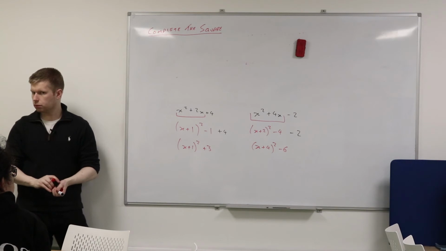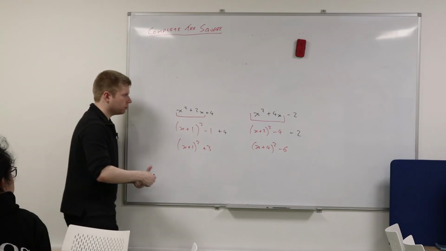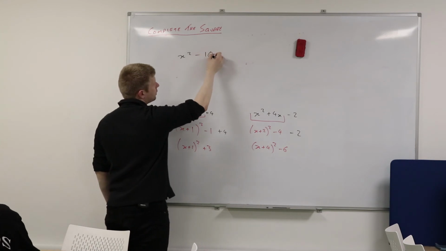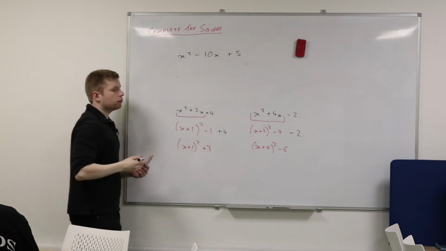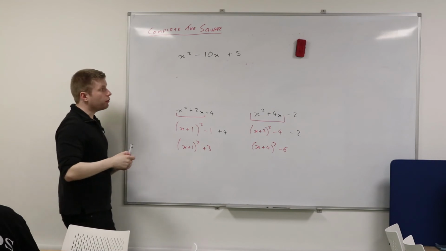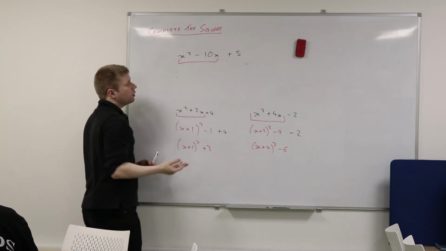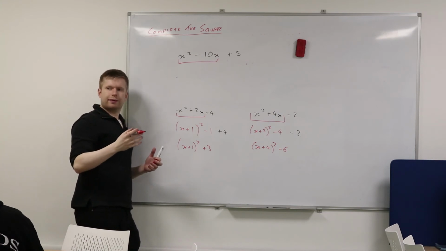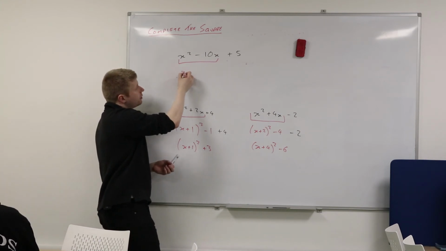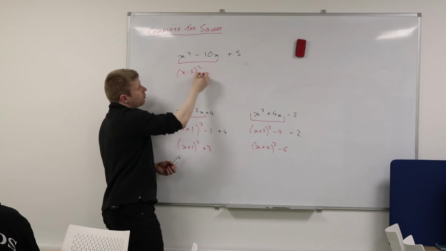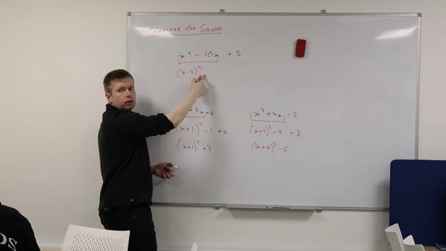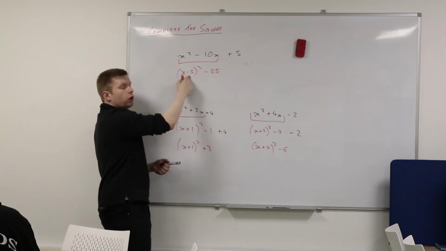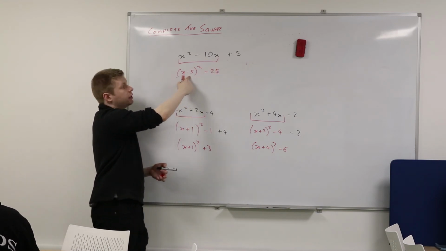Is that okay? Let me do another one. What about x squared minus 10x plus 5? Okay. So just look at the first two terms, that's all I care about. What would that be if I was going to try and perfect square it up? Good. But what do I have to take away? 25, right? I have to take away 25 because I don't want that plus 5 squared, or negative 5 squared.